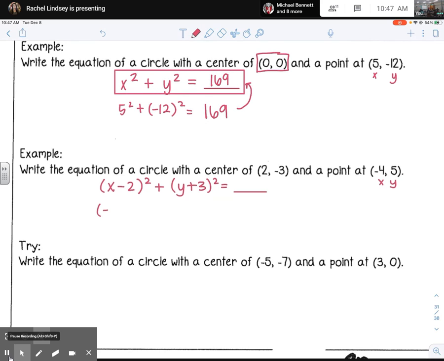So (negative 4 minus 2) squared plus (5 plus 3) squared.